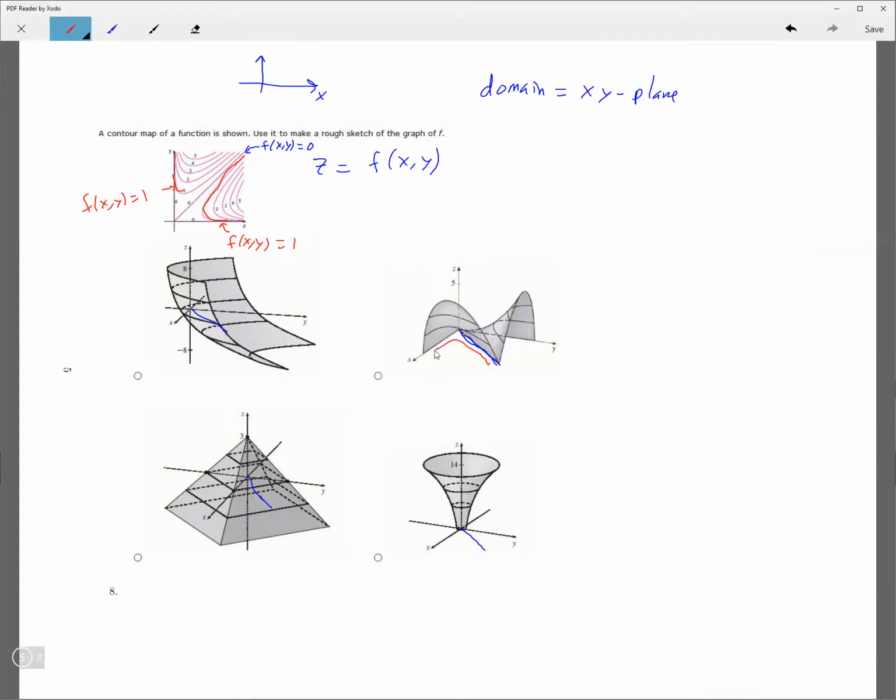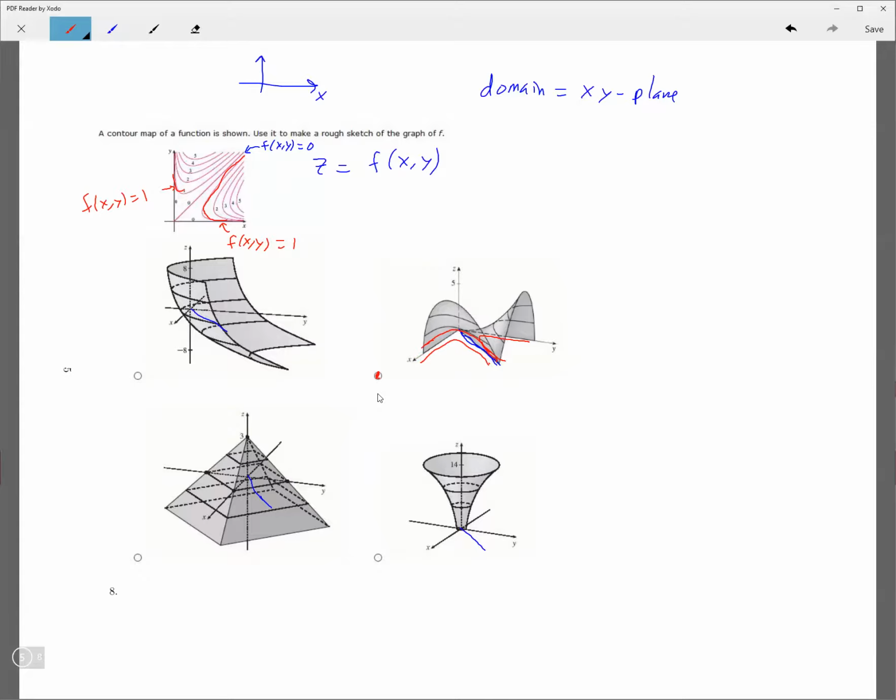Your function's got to be 1 along there, and it does seem to be the case, because this is kind of up by 1 on that little part right there, and the same thing over here. Around here it's going to be 1, which it looks like it is, because up here it's 1. So this has got to be the answer right here, as far as I can tell.